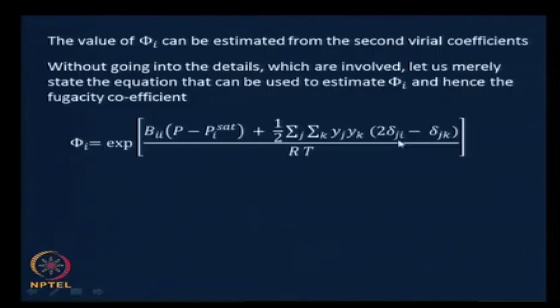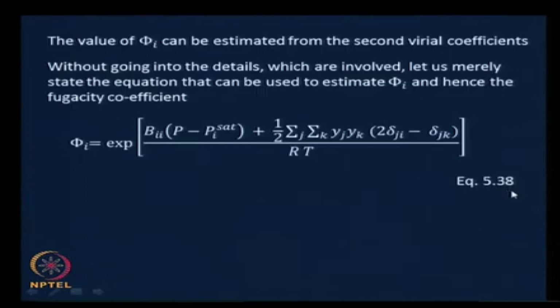Phi I equals this complicated expression, let me read it out to you: exponential of BII (P minus P I sat) plus half times the sum over j and k of y j y k (2 delta ji minus delta jk), divided by RT.